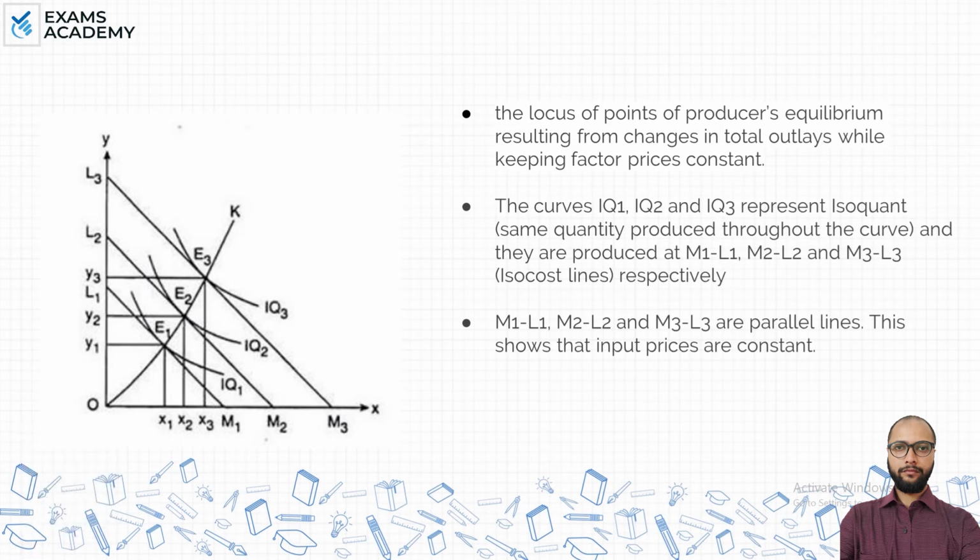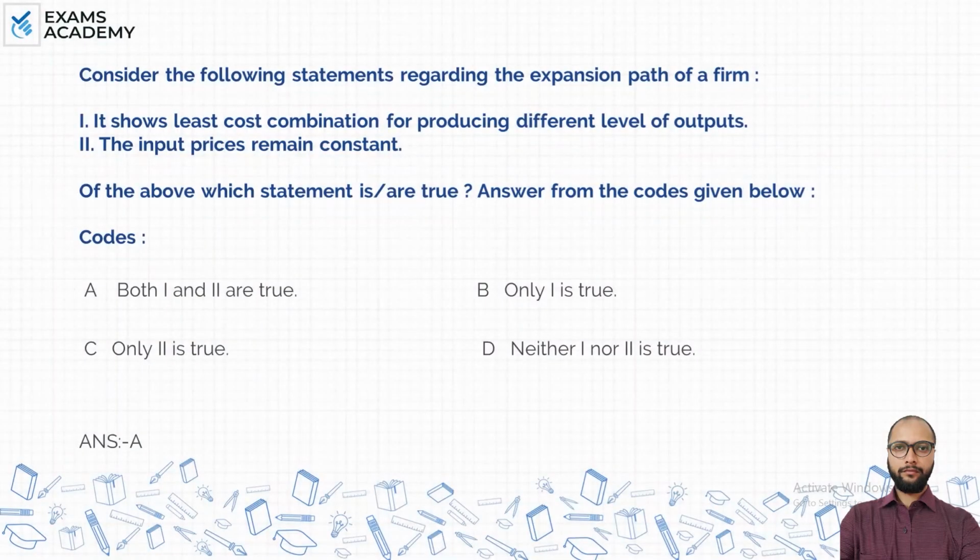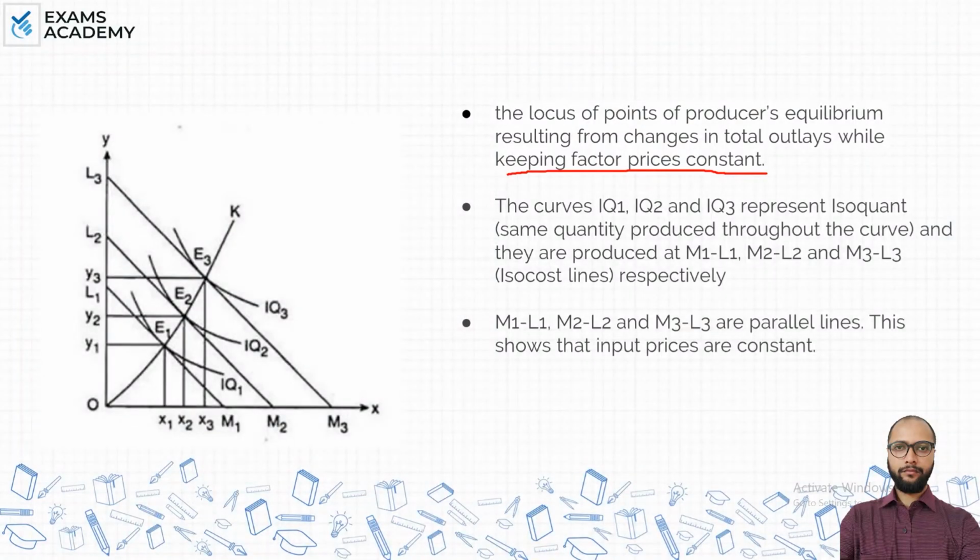Now given that definition, you can very clearly see that keeping the factor prices constant, that is input prices will remain constant. So that is our second statement, input prices remain constant. While it is basically least cost combination, as you can see here, IQ1 is being produced using the cost of how much?